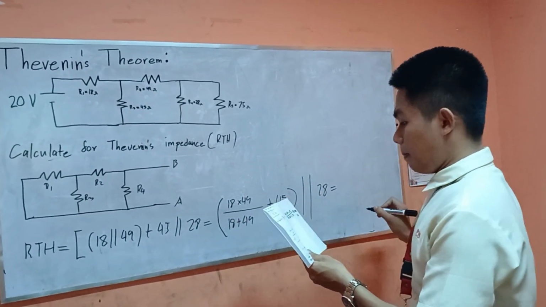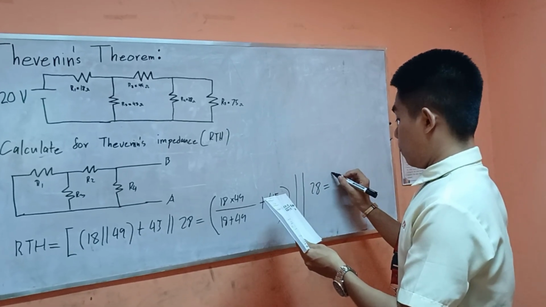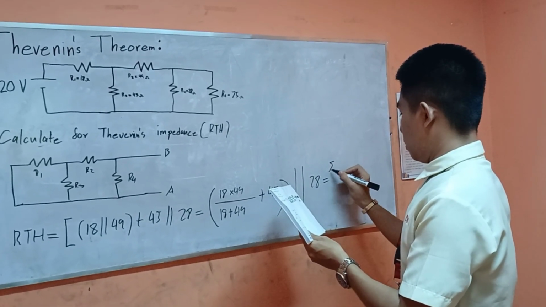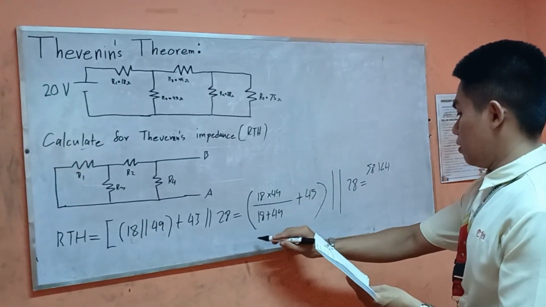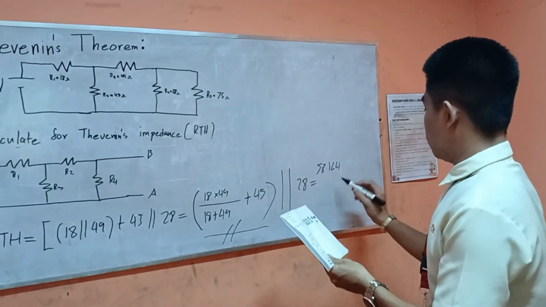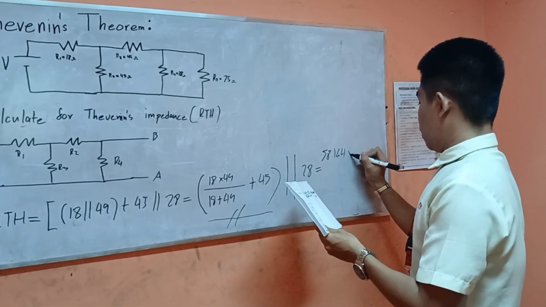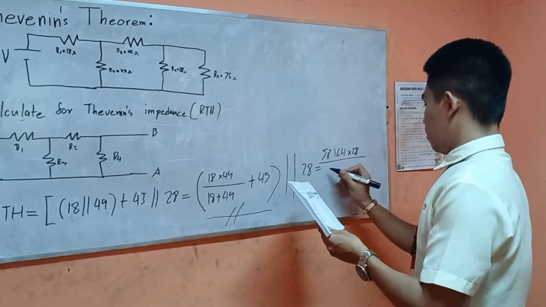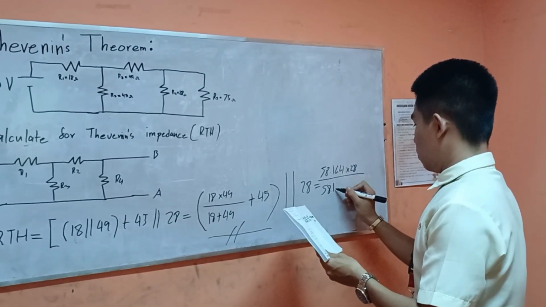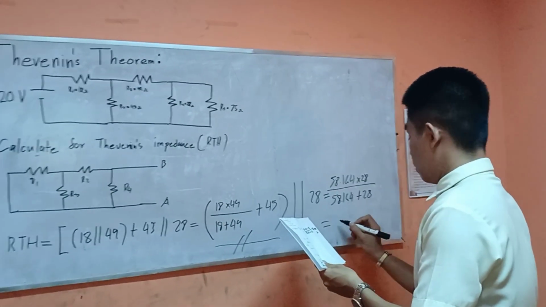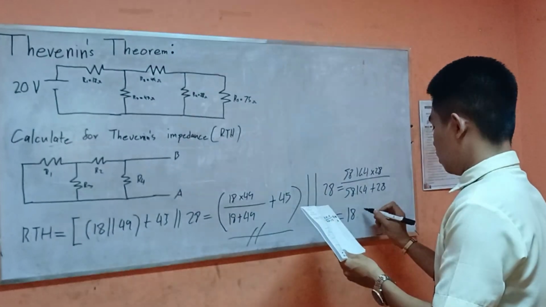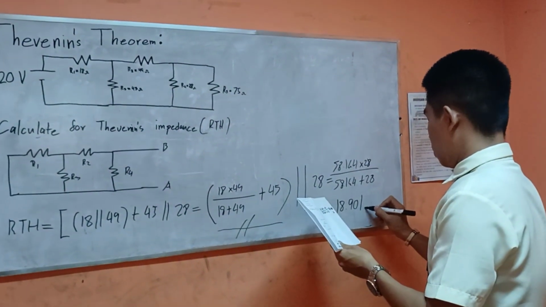That gives 58.164, which is the total of this calculation, times 28 over 58.164 plus 28, which is equal to 18.901 ohms.